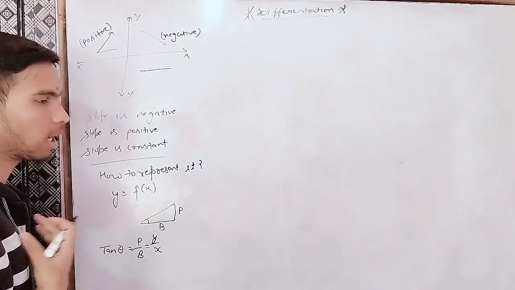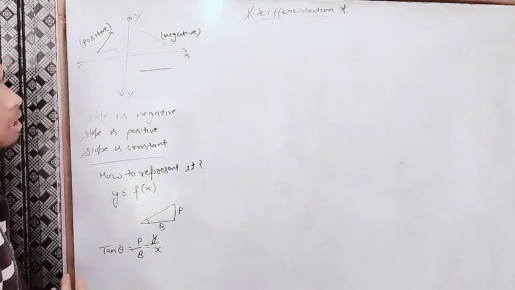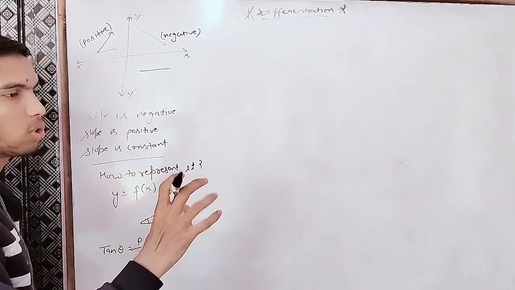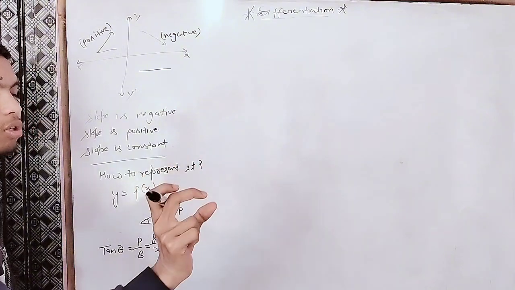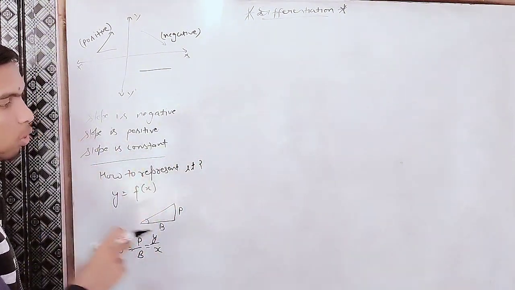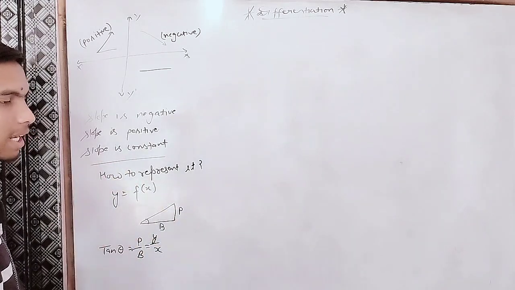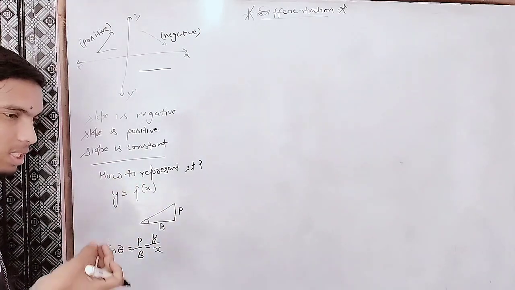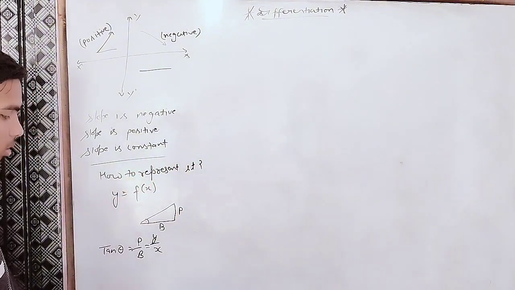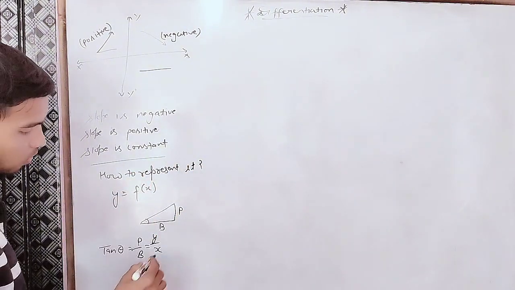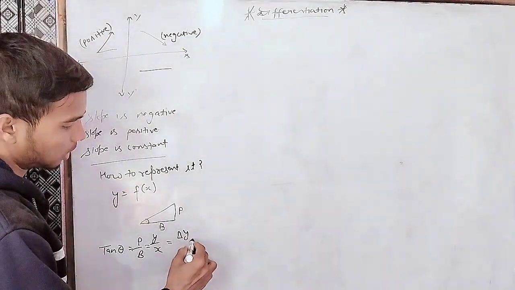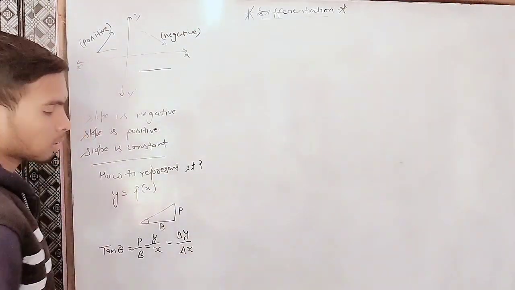In the beginning, I said what a depreciation is, which means a study of calculation of a small tiny material. So here we are talking in the context of a slope, in the context of a graph. So here we would say calculation of tiny slope. That's why here we write delta y by delta x.